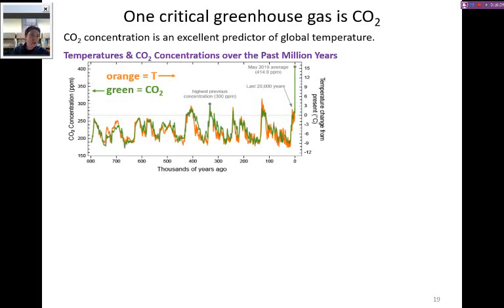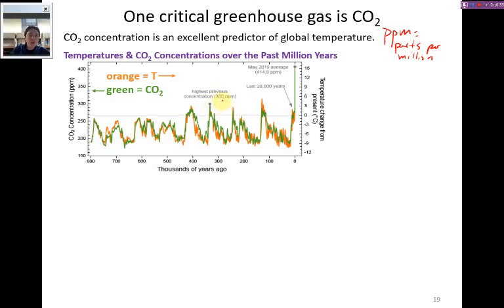The concentration of carbon dioxide is measured in parts per million. And this is essentially saying the number of particles of carbon dioxide per 1 million particles of atmospheric gases.